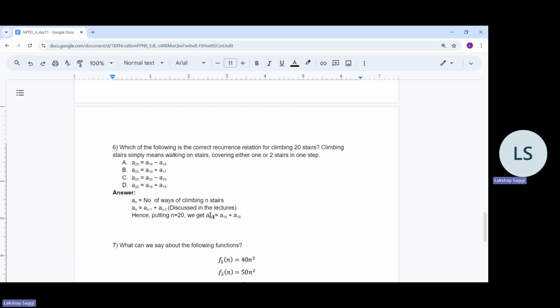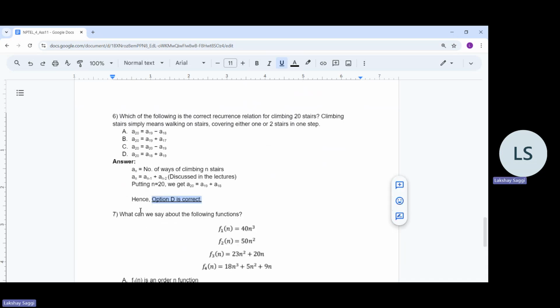So A of 20 is A of 19 plus A of 18, and this is option D. So option D is correct here. Not too difficult, it's a very straightforward question.